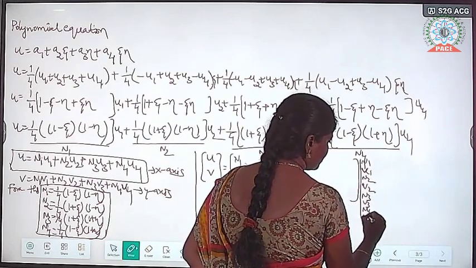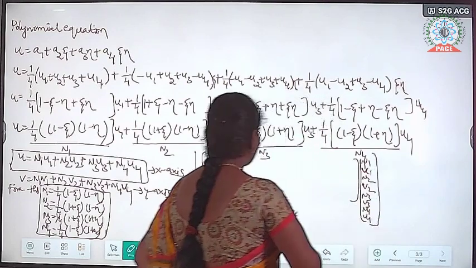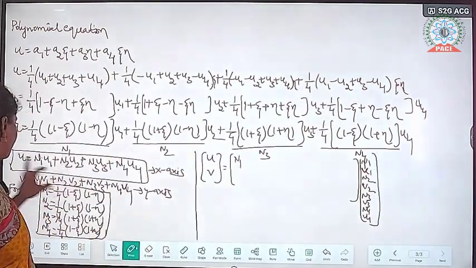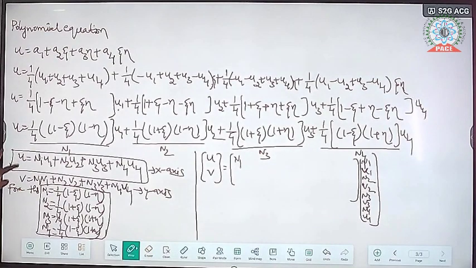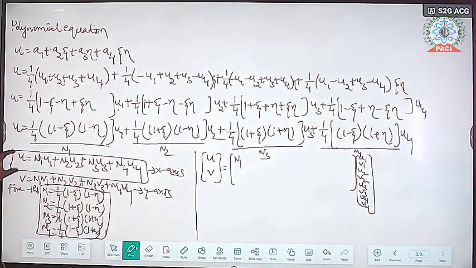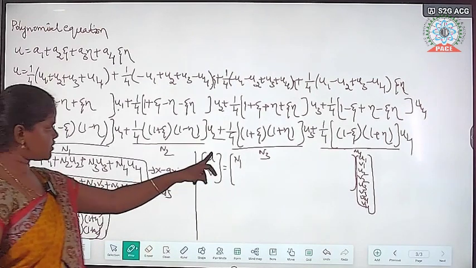So we write these two displacement equations, u and v, in matrix form.